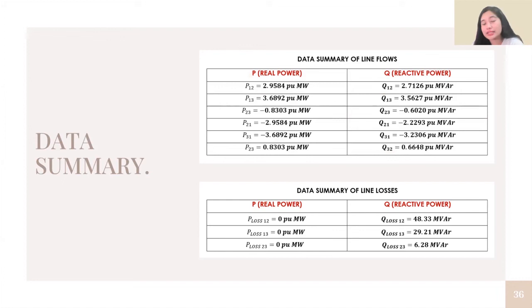We just have to add them up to get the line losses. So our real power losses and reactive power losses depend on the values of our line flows. Therefore, we have to have accurate answers in the line flows so that we arrive at accurate answers in the line losses as well.